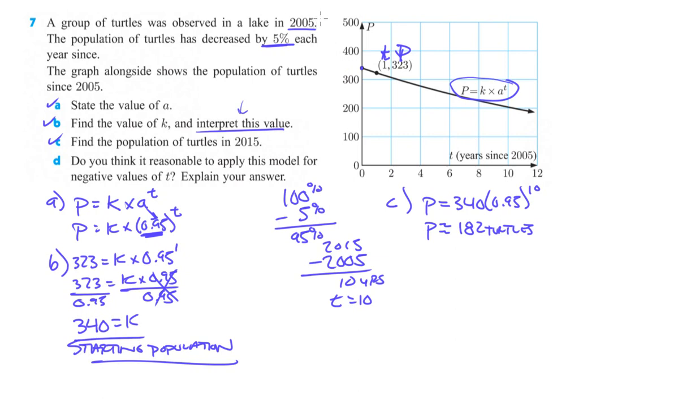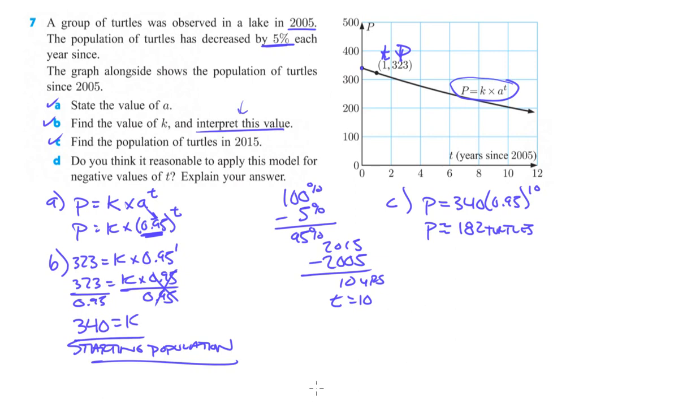So there probably were turtles in there in 2004, 2003, unless someone came in and brought a bunch of turtles in 2004 or 2005 or something like that. So I would say that it probably is reasonable to apply it for some negative values of T, but probably not forever and ever. Because if you go back a long, long time ago, there would probably be millions of turtles, which probably wouldn't be true.